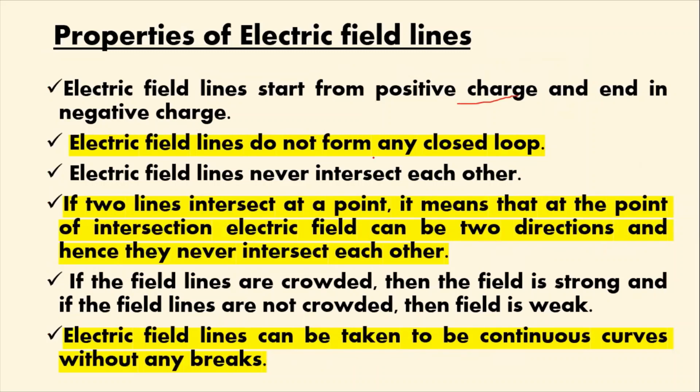They start from positive charge and end in negative charge. They do not form closed loops. They never intersect each other. And the reason why they don't intersect each other, and about the strong and weak field regions, and that they take continuous curves. Please go through this so that you get a clear understanding of the properties of electric field lines.